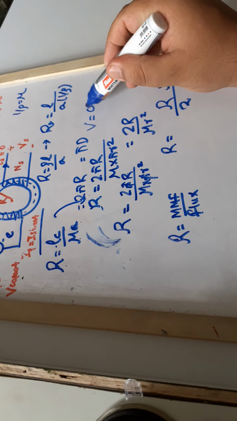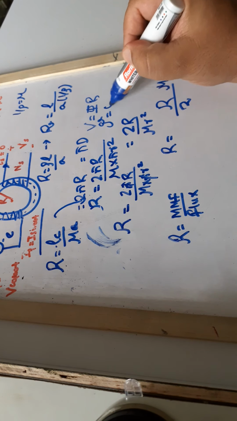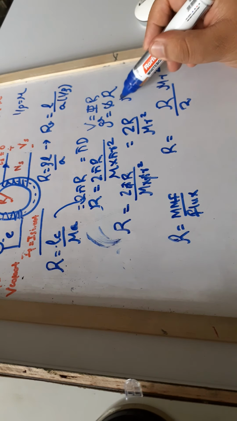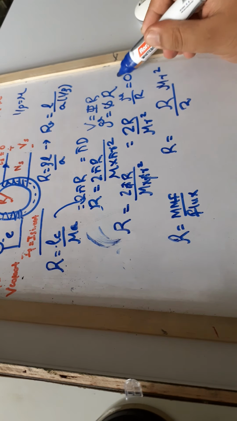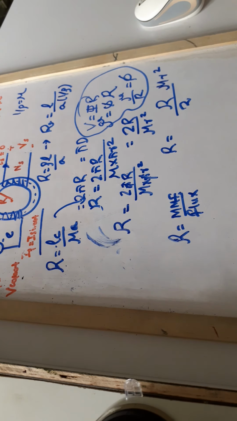So voltage is equal to I into R, that is, your mmf F is equal to flux into your reluctance. So your mmf by reluctance is equal to your flux.